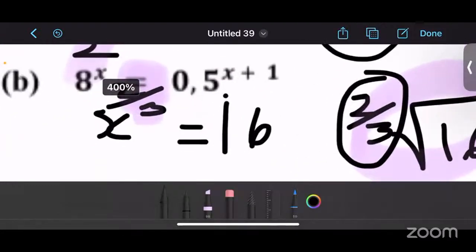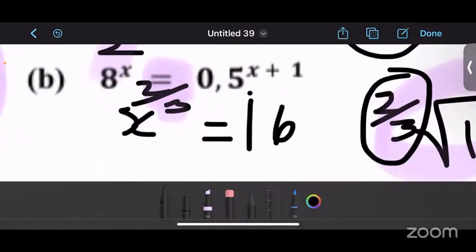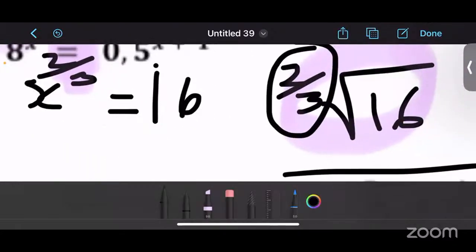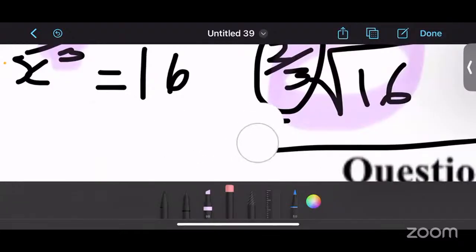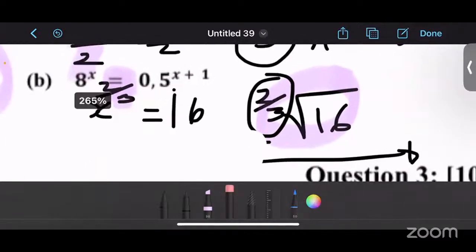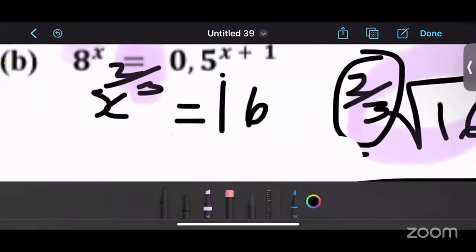64. Okay, cool. So what you can do is introduce, I don't know what to call this guy's name, because usually it's just fourth root, cube root, whatever. It's the 2 third root. So you're going to introduce a 2 third root to both x to the power 2/3 and the 16, because we want to get rid of this 2/3 here.